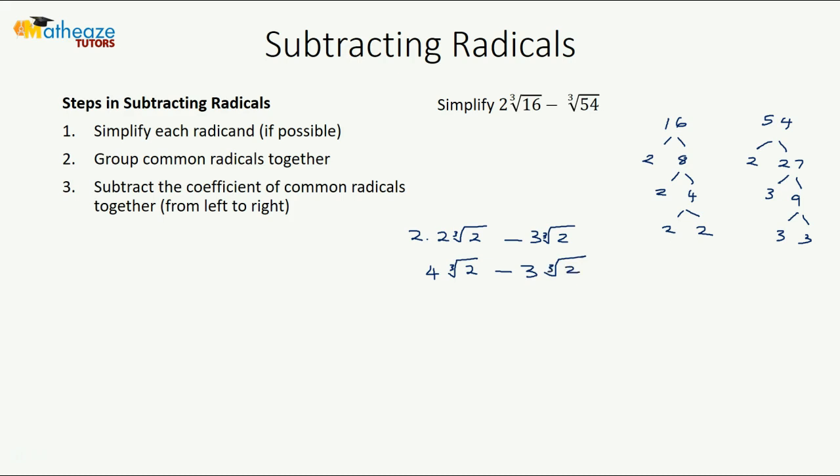We're going to end up with 4 minus 3 cube root of 2, which is 1 cube root of 2, which actually ends up being exactly the same as the cube root of 2.